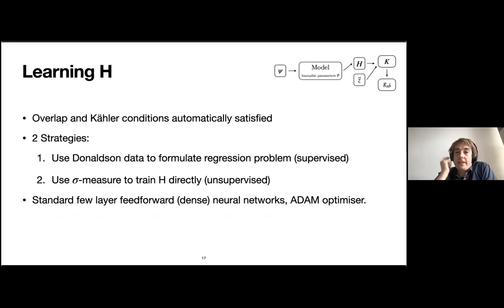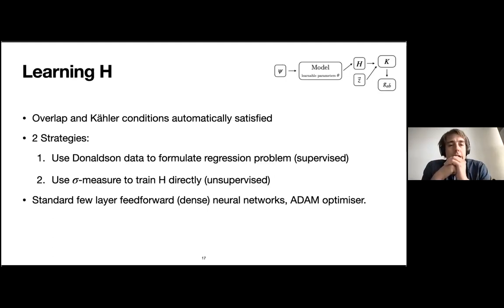Okay. So let's see how we can learn H directly. And this obviously comes with a benefit, namely that the overlap and Kähler conditions are automatically satisfied. So the only loss that we care about in this context is the Monge-Ampère loss. And now we have to optimize H. Now there are various ways in which we can do this. And we did two strategies.